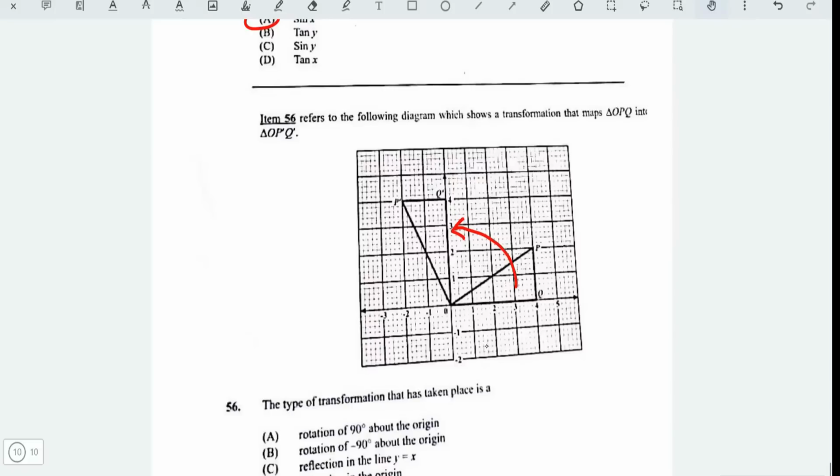Anti-clockwise is negative. So we're rotating 90 degrees, negative 90 degrees about the origin. Negative means anti-clockwise. You have to remember that. So we're rotating 90 degrees anti-clockwise about the origin. That's option B.